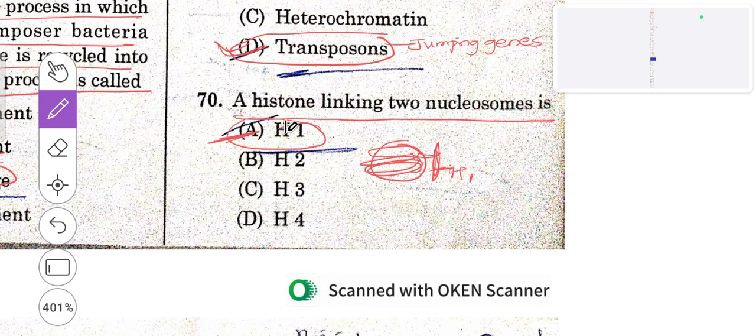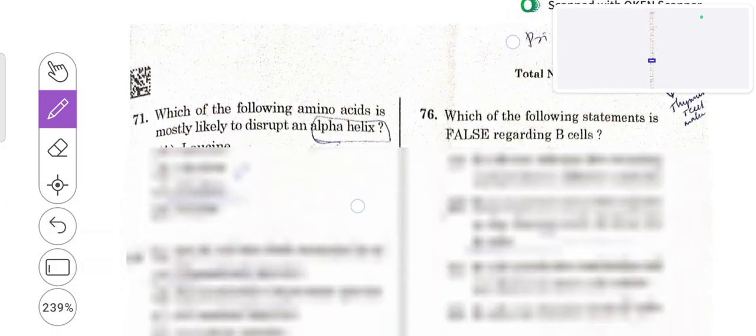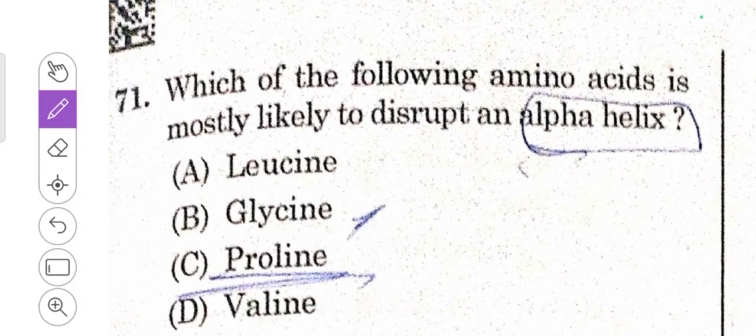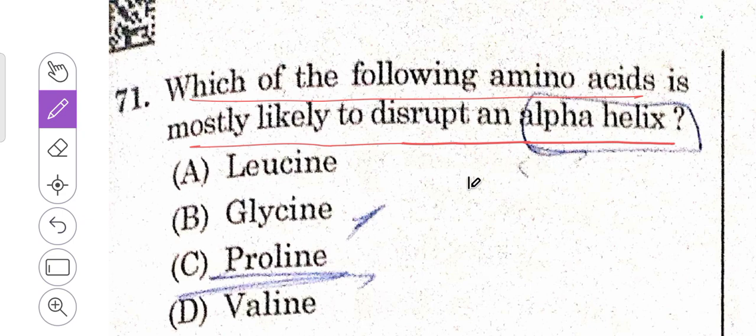In histones, you will come across the octamer proteins H2A, H2B, H3, H4, and H1. The next question, which of the following amino acids is most likely to disrupt an alpha helix? This alpha helix will be disrupted by proline.